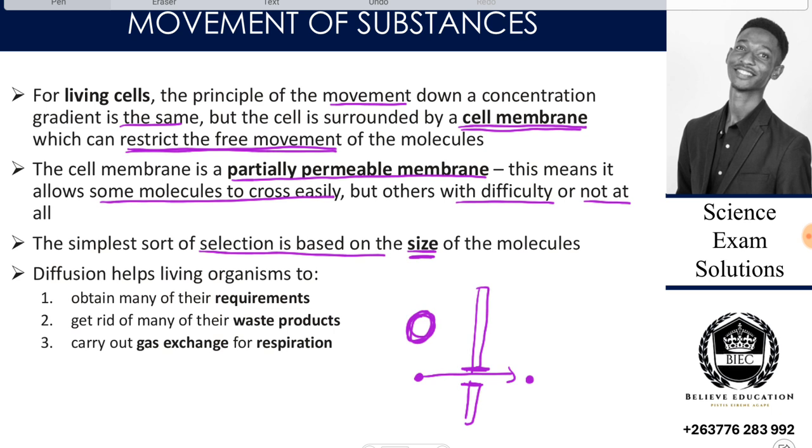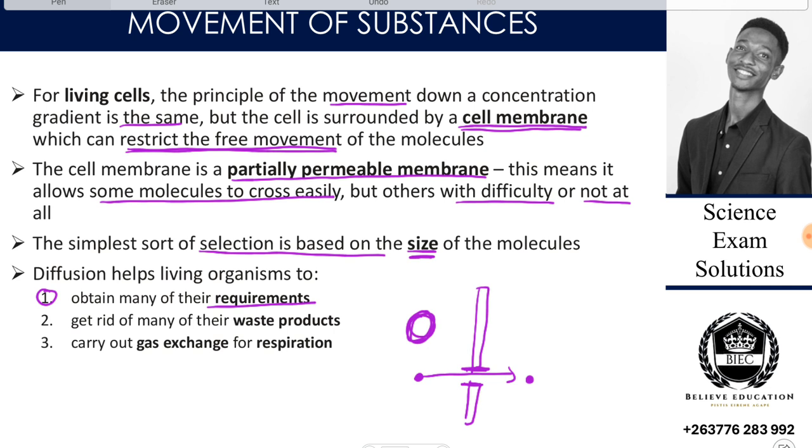Then we move on with our notes to the next point. Diffusion helps living organisms, number one, to obtain many of their requirements, so that the organism is able to survive.